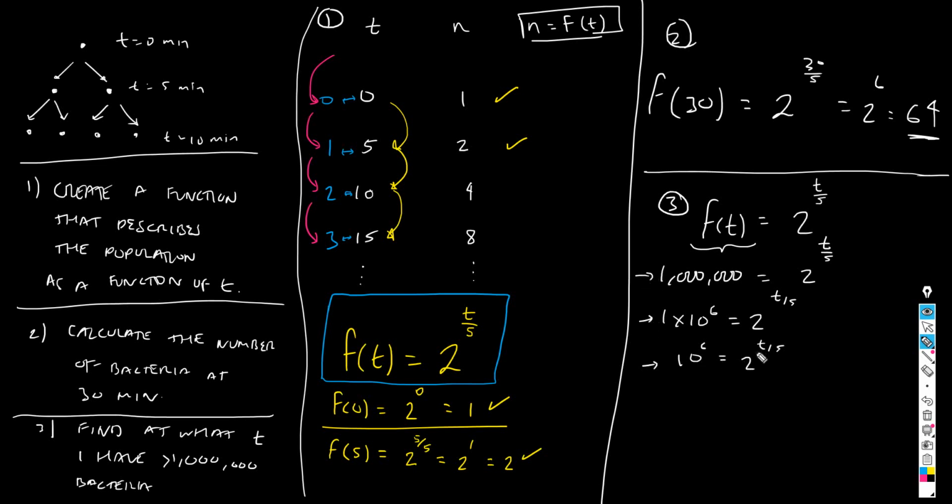And now I only have to isolate t from this exponential function. What do we do? We go to the logarithmic equivalent representation. If 2 raised to this number is equal to this, then the equivalent logarithmic equation should be this: logarithm base 2 of this number is equal to t over 5, right?